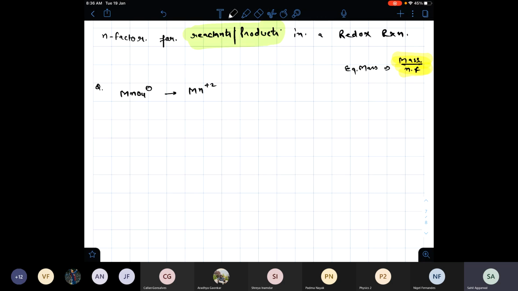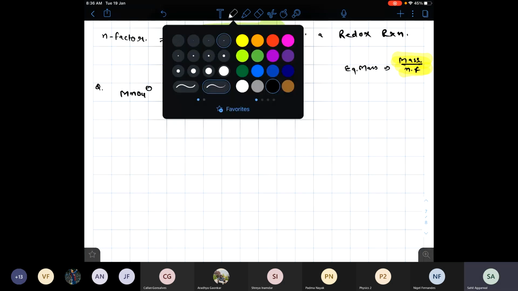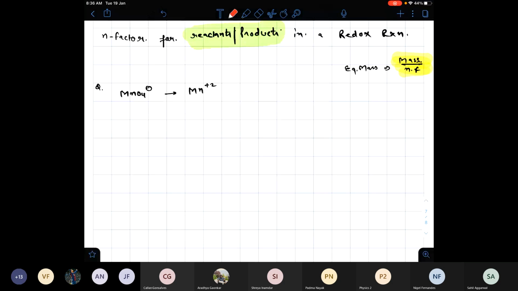First, see the number of electron change, or you can say the difference in oxidation state. First, calculate the difference in oxidation state.